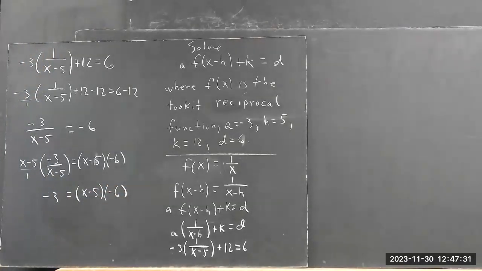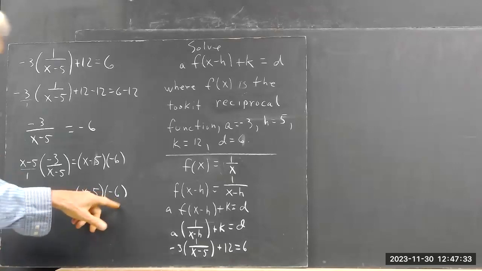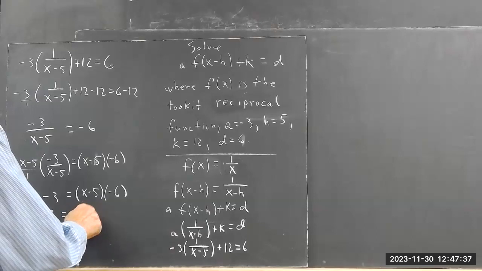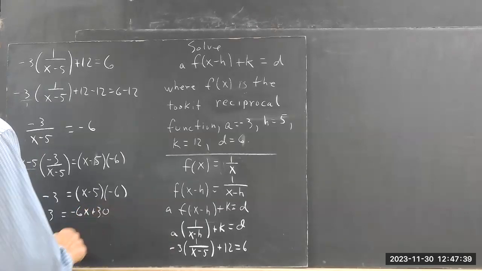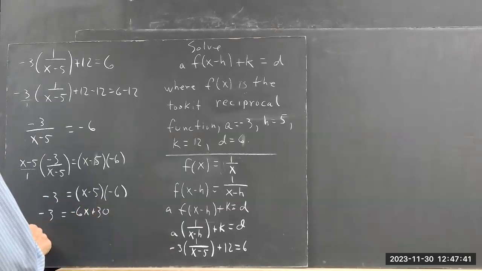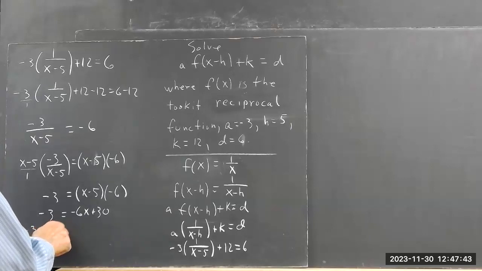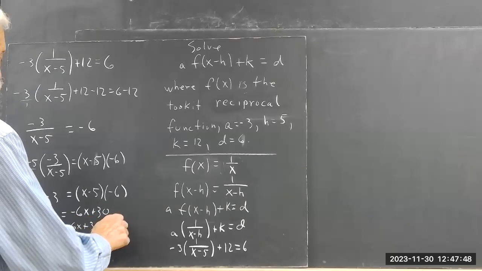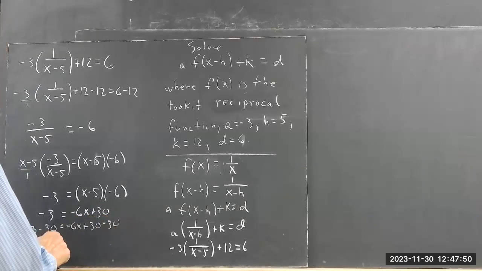Okay. Now, we use the distributive law on the right side. We get -3 equals -6x plus 30. So -3 minus 30 equals -6x plus 30 minus 30, giving us -6x equals -33.